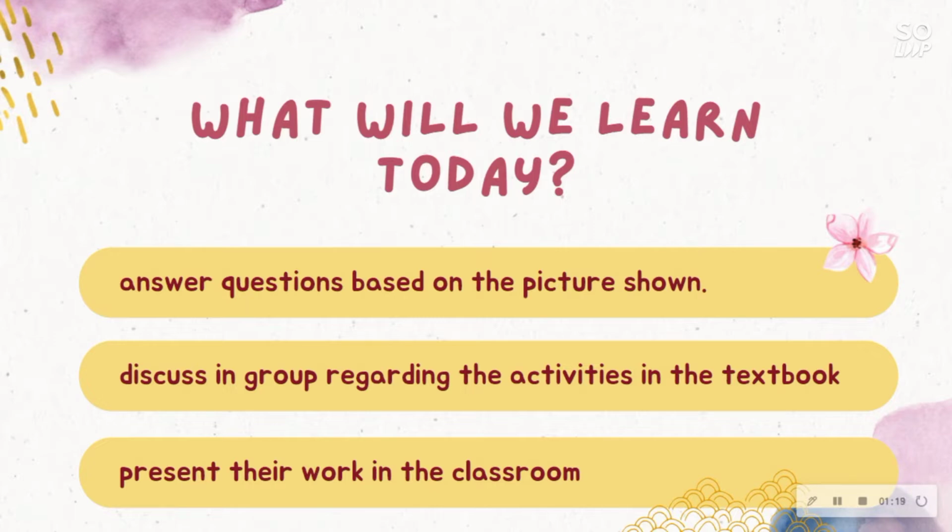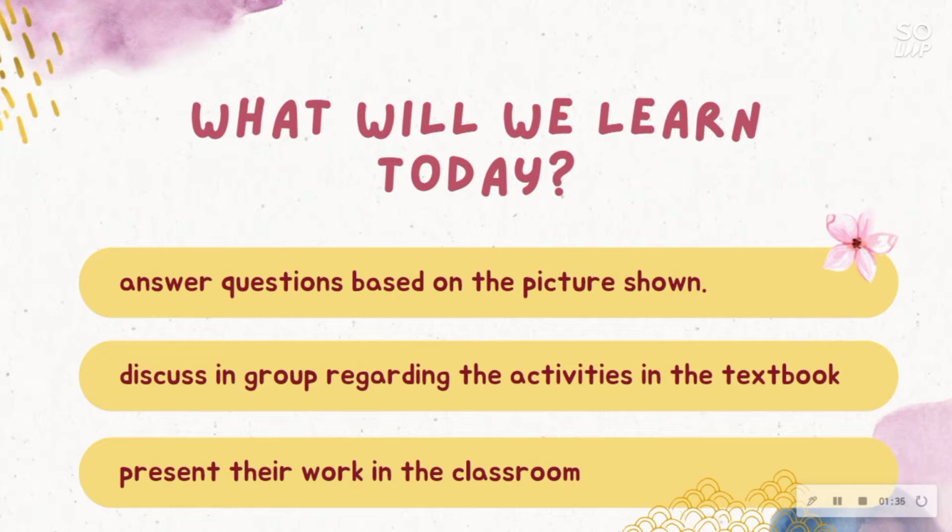It's the same thing as what we see in the first activity here, but I also want them to come up with a new activity so that they know more varieties of activities that they could do. And then the third one is to present their work in the classroom.